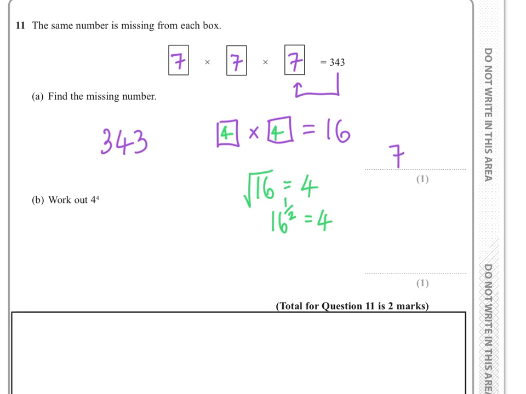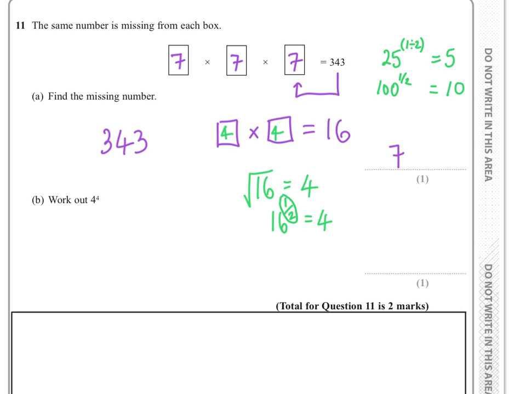Now when you write to the power of a half, that's the same as square root. So if you wrote in your calculator 25 to the power, and you just put in a bracket here, 1 divided by 2, so 25 to the power a half, you would get the answer 5. 100 to the power a half, that would be 10.